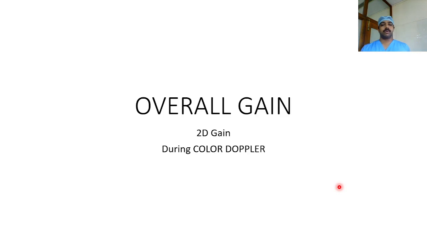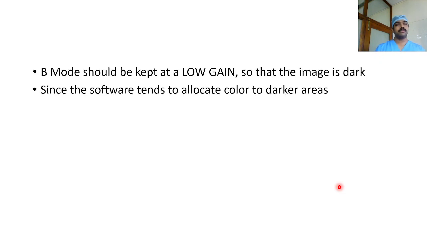Next is the overall gain, otherwise called the 2D gain, when we are putting on a color Doppler. Typically when we are switching from 2D to color Doppler, the B mode, the 2D mode gain should be kept as low as possible before switching to the color. Why? Because when we put the color, it will be allotted to the darker areas preferentially by the echo machine. So we keep the 2D gain low and keep the image a little dark initially.